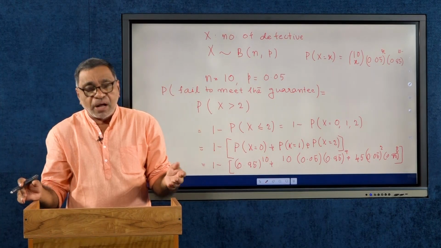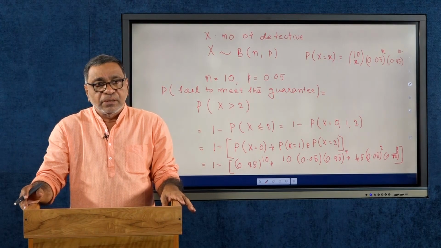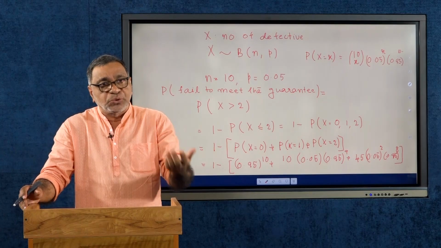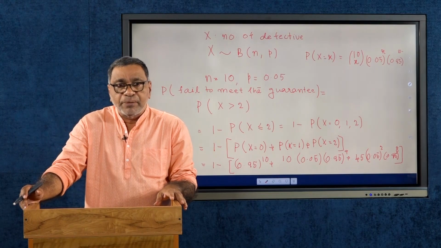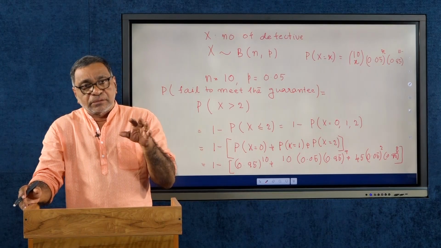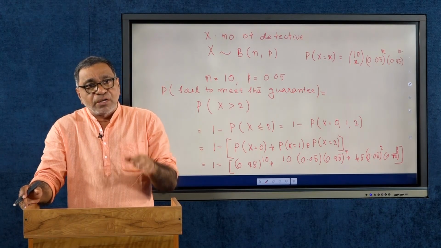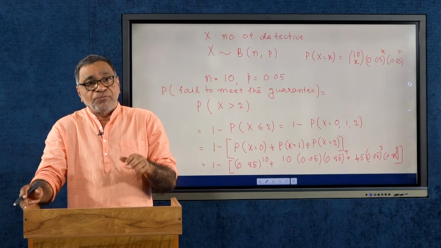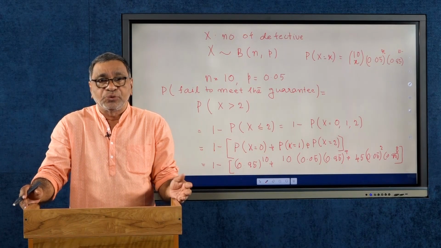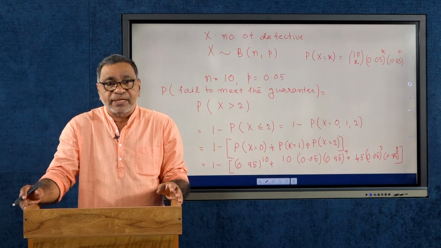So the manufacturer is claiming that not more than 2 will be defective in a box consisting of 10 products, and that guaranteed quality fails when the number of defectives is larger than 2, that is the probability of X greater than 2.